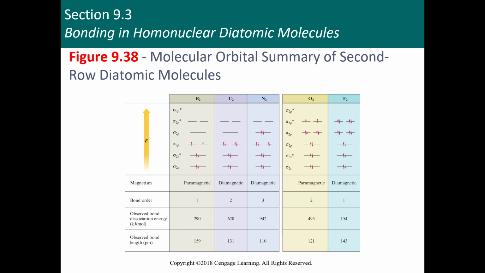But the bond order for the noble gas would be 0. I'll actually show you an example of that in a bit here, but it's anticlimactic. So the sp mixing occurs on the first half of the p block. That is the B2, C2, and N2.